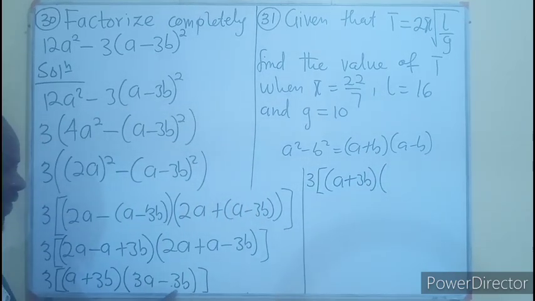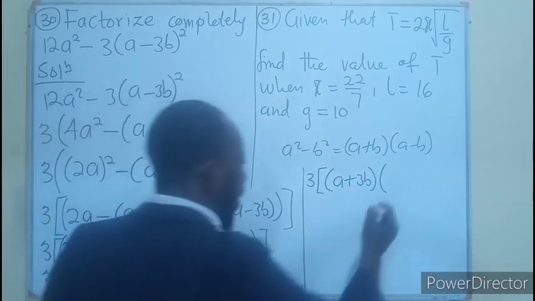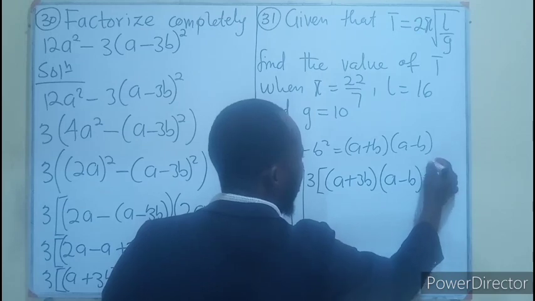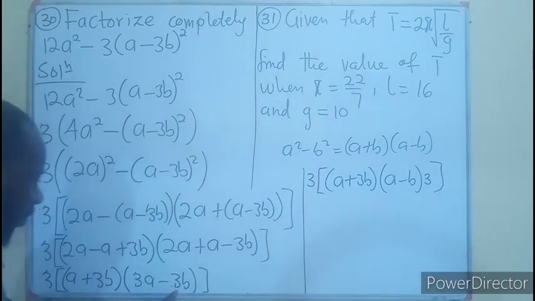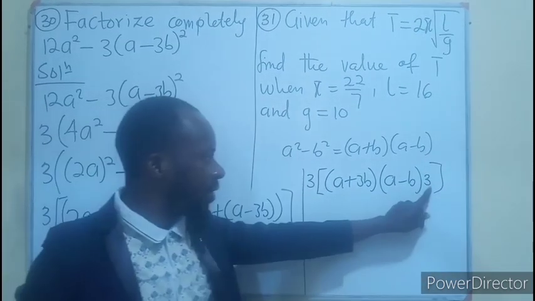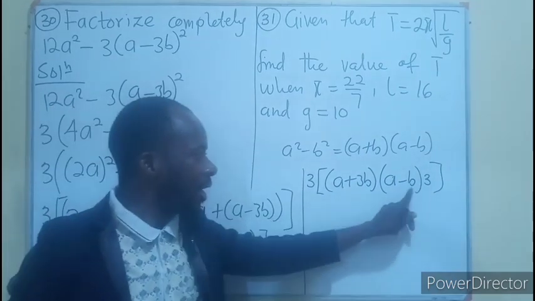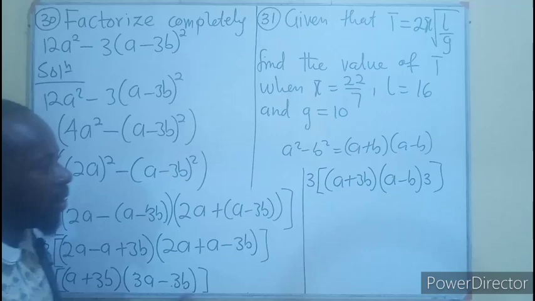The common factor is 3. If you take the 3 out, you will be left with a minus b multiplying 3. 3 times a is 3a, 3 times b is 3b.